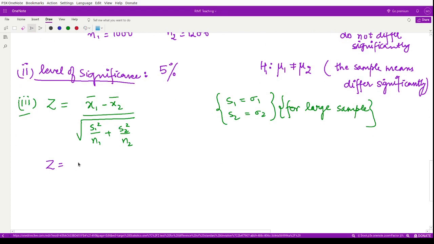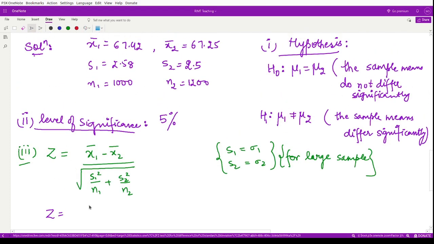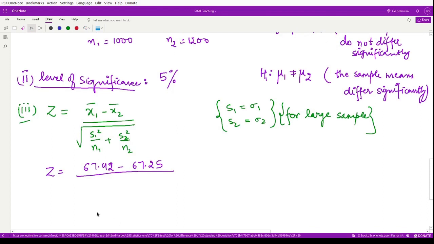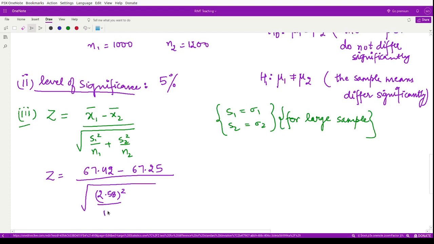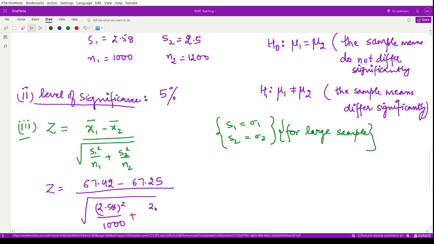So Z here would be: x1 is 67.42, x2 is 67.25, divided by the square root of s1 is 2.58, so 2.58 whole square divided by n1 which is 1000, plus s2 is 2.5, so 2.5 whole square divided by 1000.